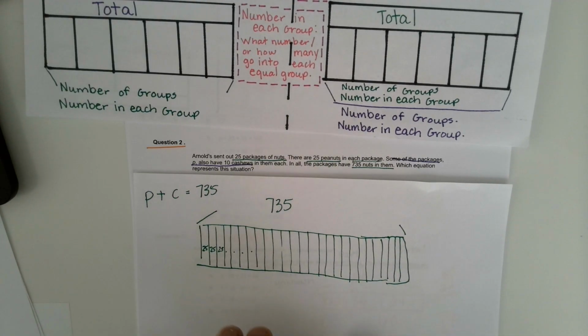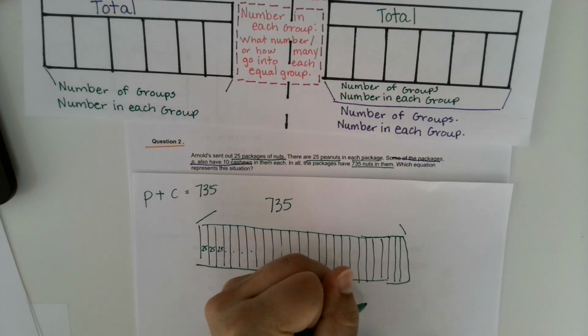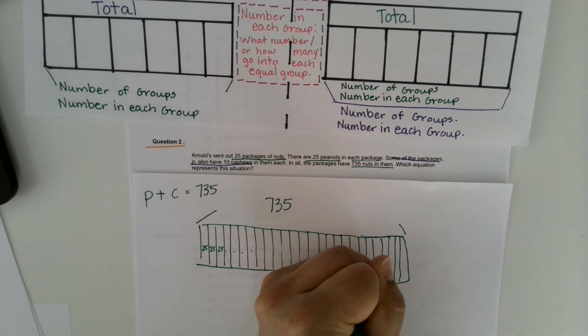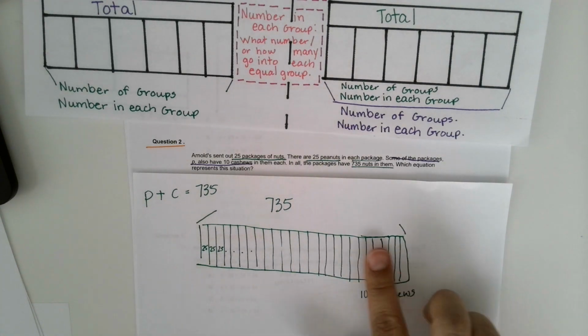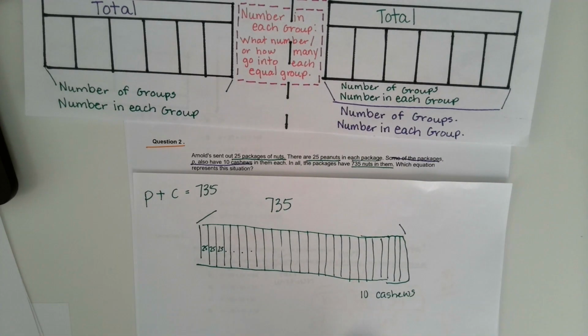So we know that only a few of them have 10 cashews. We don't know how many. So maybe over here, I'll write: there are 10 cashews in some of these bags over here. We just don't know how many yet. So looking at this, what is the first thing I should try to figure out?